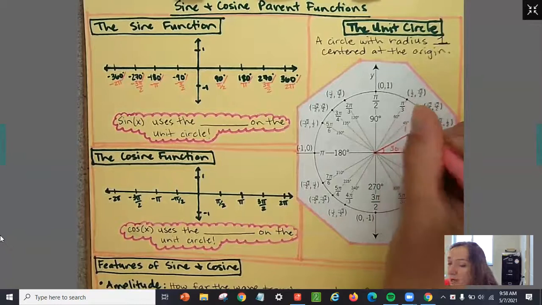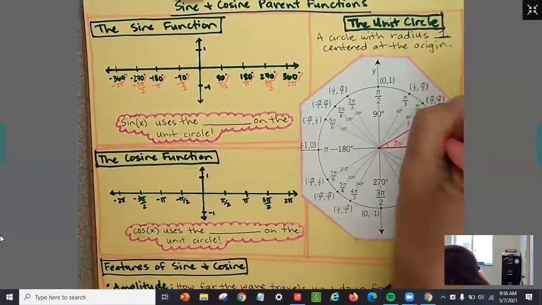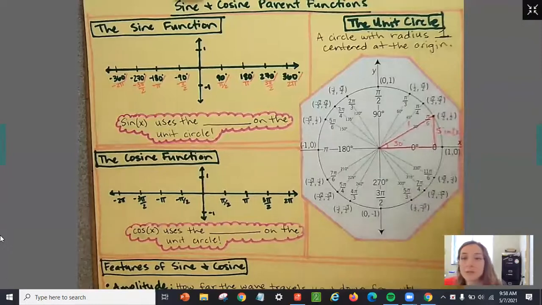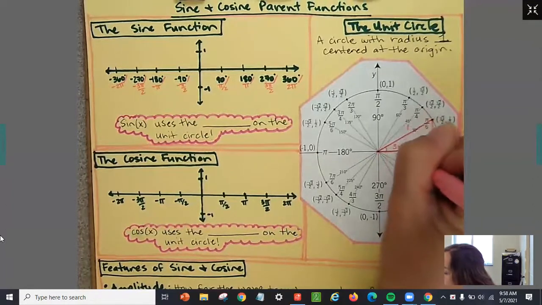But since the hypotenuse is 1, this is really just going to be equal to the opposite. Remember, opposite over hypotenuse is sine, so now this value right here is going to be sine of x. Same logic here, if I go adjacent over hypotenuse, since the hypotenuse is 1, then the adjacent is just going to be equal to cosine of x.